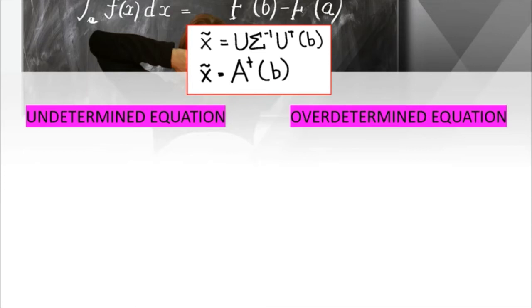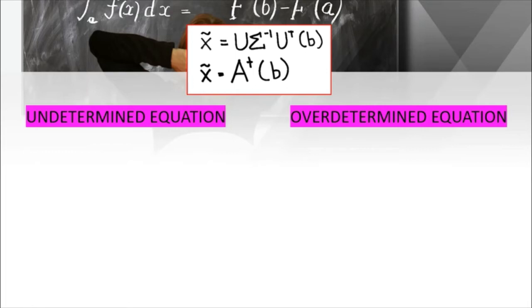I will call this X tilde, which is the final equation: X tilde is equal to A dagger times B. So this X tilde is somehow the best X value that we're going to get for our underdetermined and overdetermined linear systems of equations.